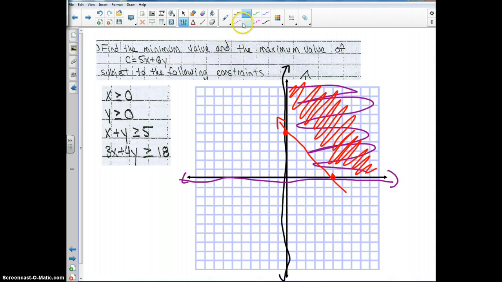Okay, so I want to graph one more line. I want to graph this line right here. My x-intercept is at 6. And my y-intercept is at 4.5. 2, 3, 4 and a half. So I'm just going to draw a line connecting the two dots together.